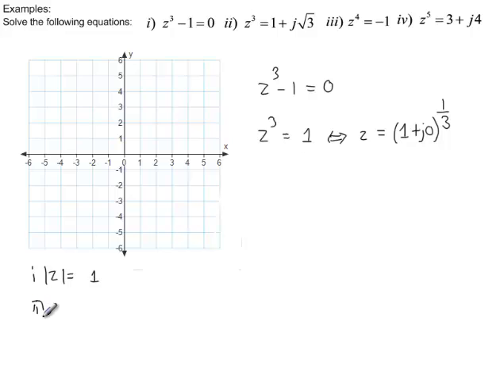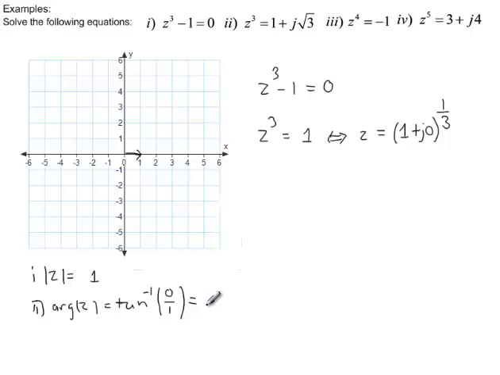Then number 2. What do we need? The argument of Z, which will be arctan of 0 over 1. You can get this easily without using arctan. Why? 1 is a vector lying horizontal like this. Do you agree? What is its angle between itself and the positive axis? 0, isn't it?